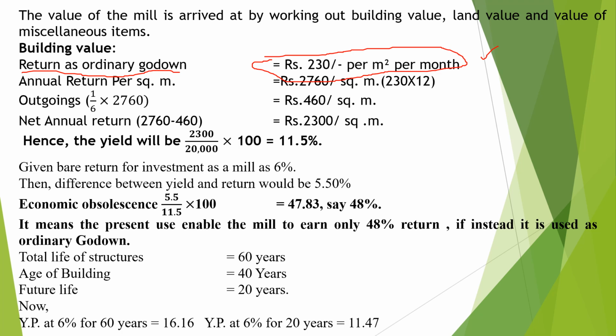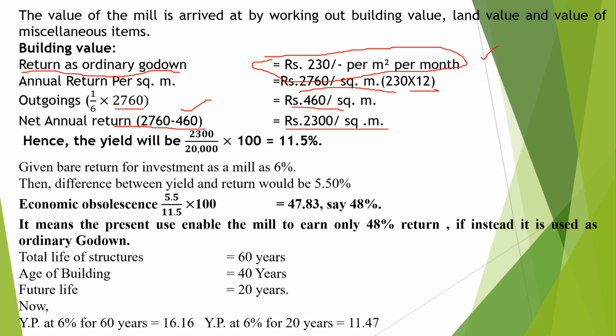So the total rent, which is 230 per square meter per month, means total rent per year will be 230 into 12, 2760 per square meter. Outgoings are given as 1/6 of this 2760, which is 460. It means net annual return you will get is 2760 minus 460, a net annual return of 2300 per square meter.